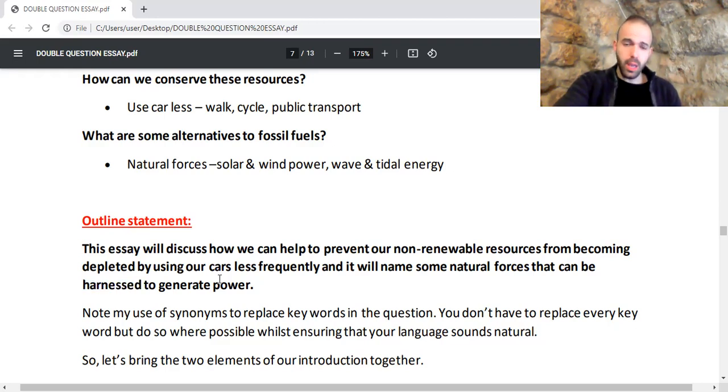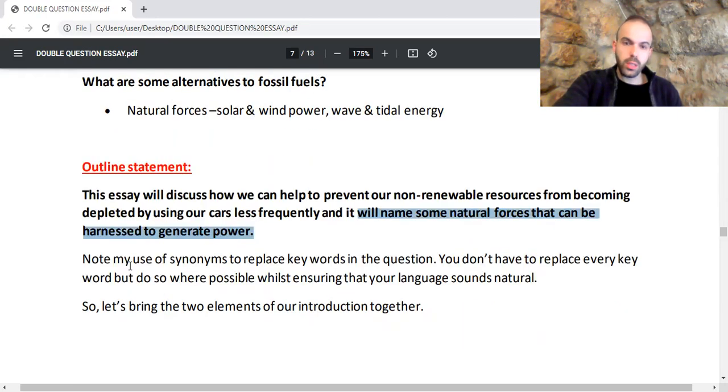So as you can see, that's an amazing outline statement where I included the main answer for every single question. So that was the answer for this first question, and that was the answer for the second question. Note my use of synonyms to replace keywords in the question. You don't have to replace every keyword, but do so where possible, whilst ensuring that your language sounds natural.